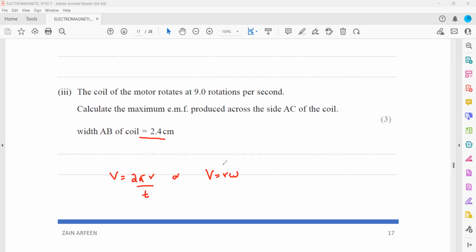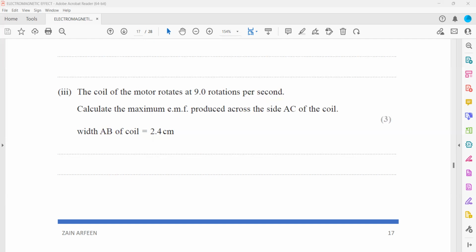For 2 pi r divided by t, you can work out the time period for revolution. This is 9 revolutions per second. So the time to complete one rotation will be the reciprocal of omega. Any of the formulas you can use to work out this V.